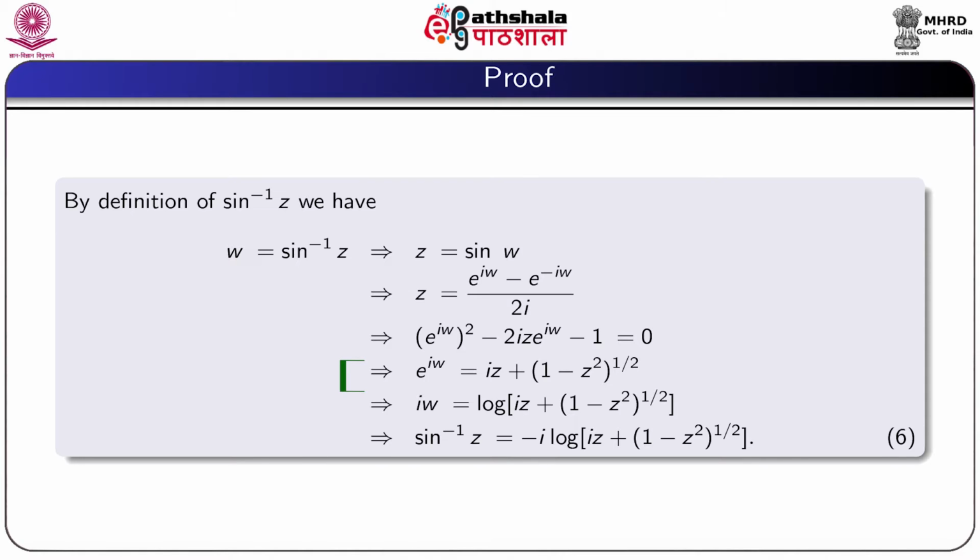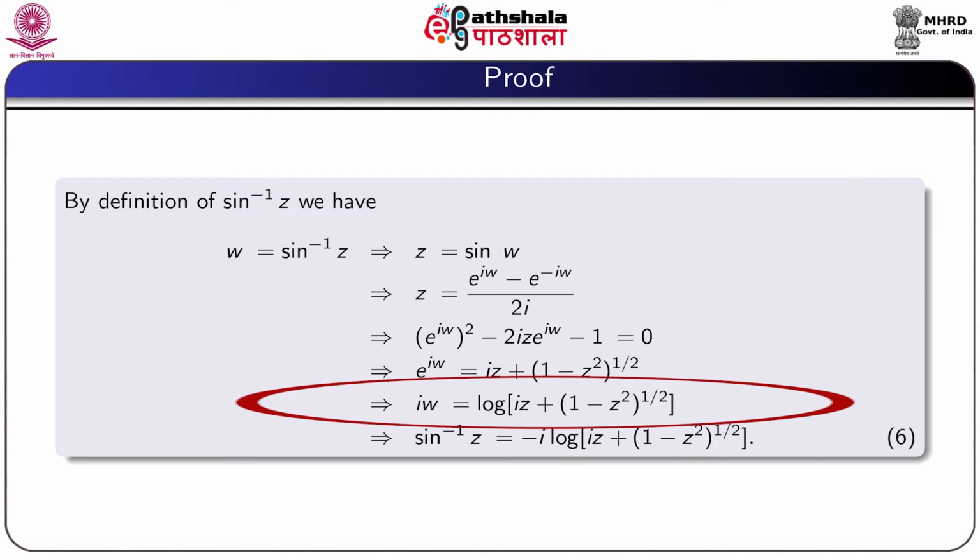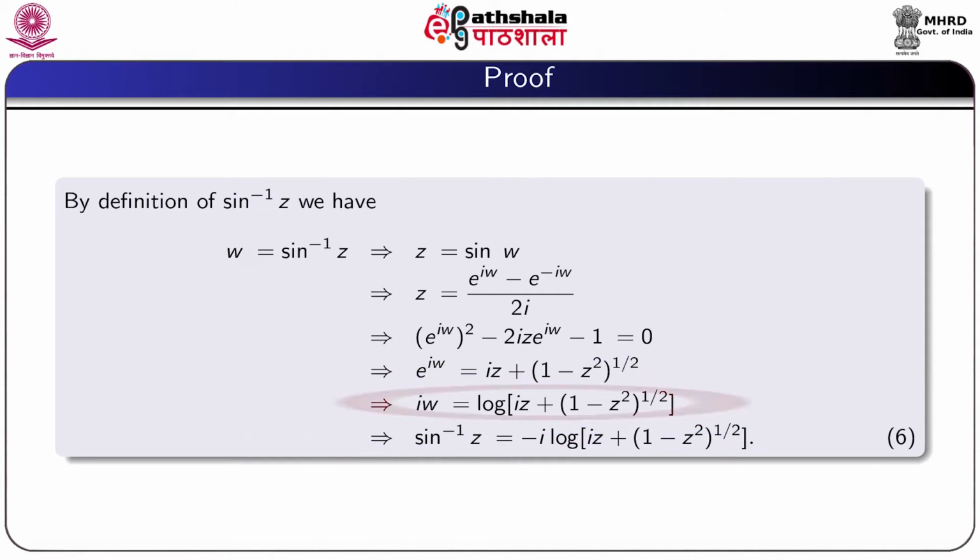From this we get e to the power iw equal to iz plus (1 minus z square) to the power half, that is iw equal to log of (iz plus (1 minus z square) to the power half). This gives sine inverse z equal to minus i log of (iz plus (1 minus z square) to the power half). This is equation number 6.